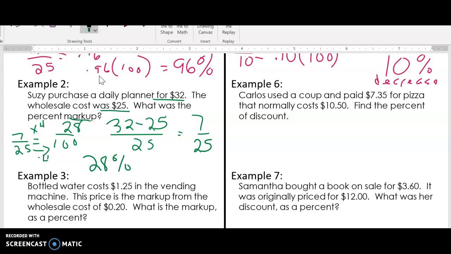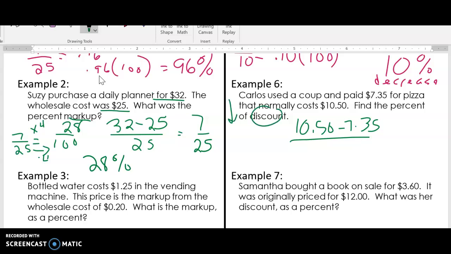Okay, here we go. Example 6. Carlos used a coupon and paid $7.35 for a pizza that normally costs $10.50. Find the percent of the discount. So it's $10.50, the amount of change, minus $7.35 over, so it's a discount, so it's a marked down.